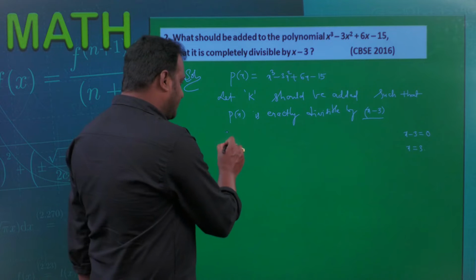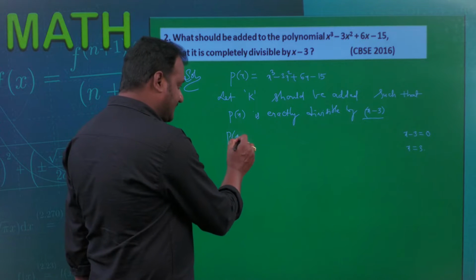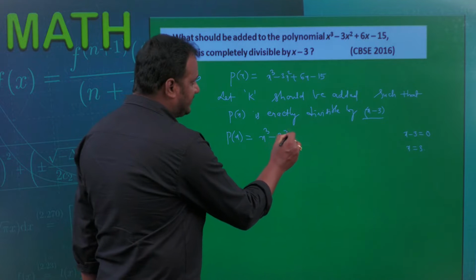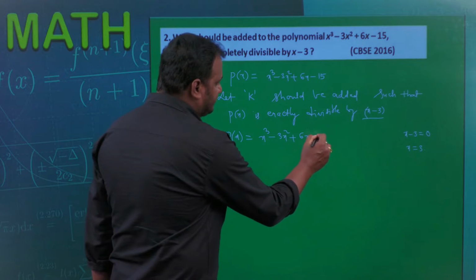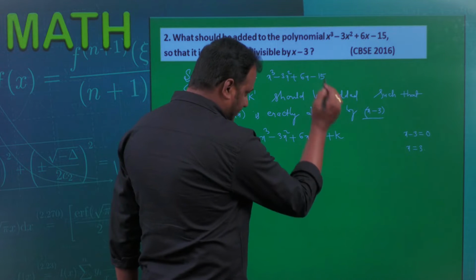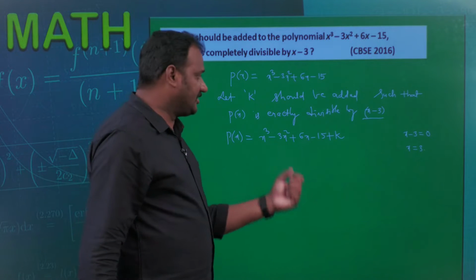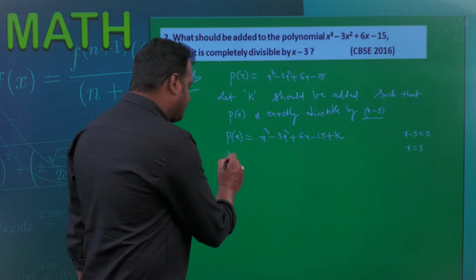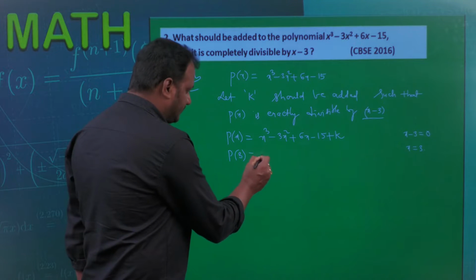The modified polynomial after adding k is p of x equals x cube minus 3x square plus 6x minus 15 plus k. For this polynomial, x equal to 3 is the zero.